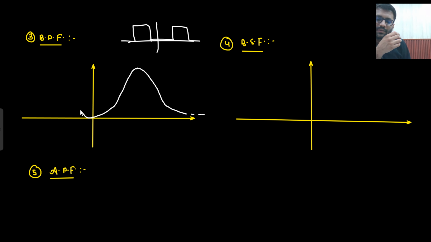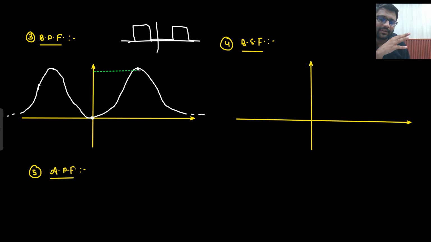Since the filter is real, the same thing will happen towards the negative side as well. The gain will be 0 here, and here also, and at infinity as well the gain will be 0, but at some point it will reach the maximum gain.